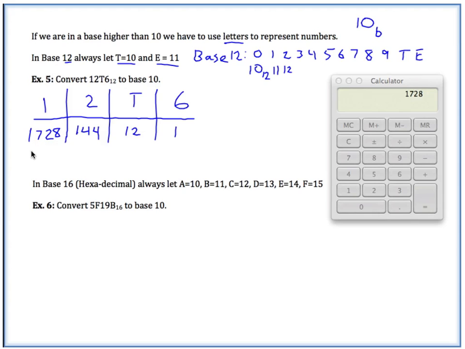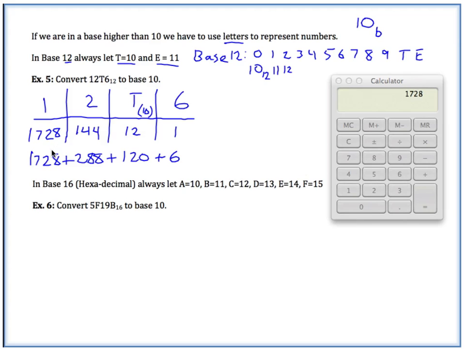So looking at this number, we have 1,728 plus 288 plus. Now this T12 we think of as 10 times 12, which is 120, and then plus 6 times 1.